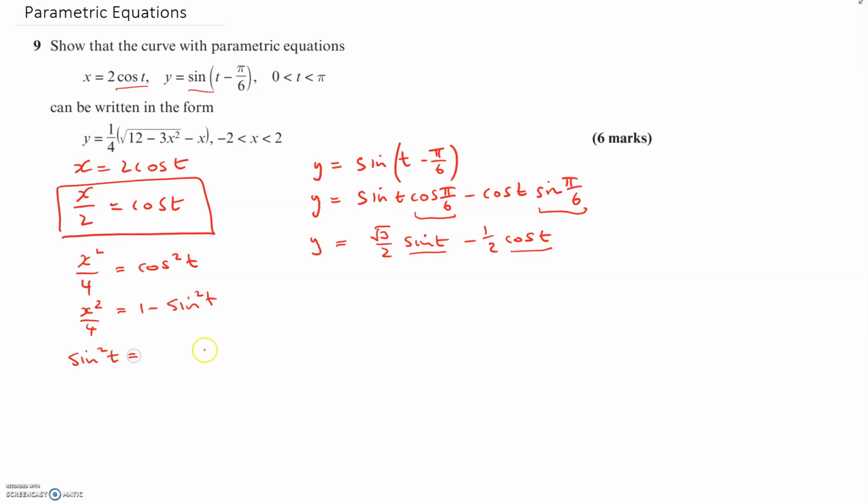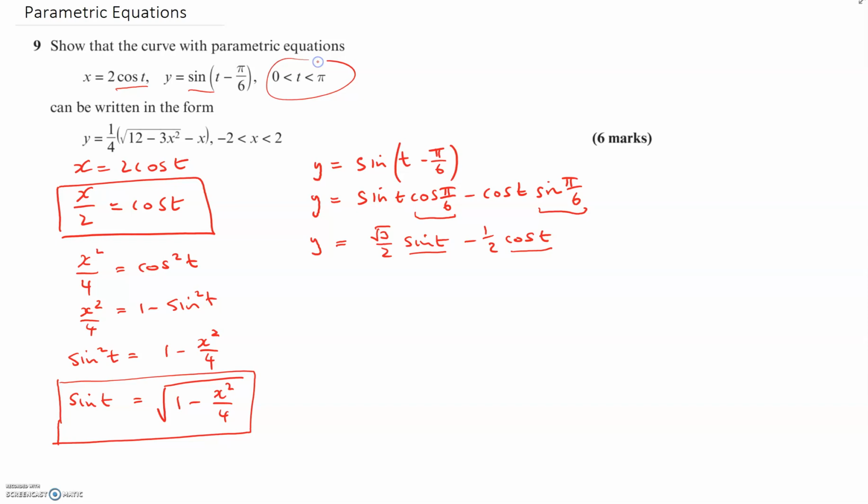So sine squared is going to be 1 minus x squared over 4, and sine t then is the square root of that. Now you may be thinking, well, isn't it plus or minus? Well, it would be, generally speaking. In this case, we're looking at a domain of 0 to pi, which means, what are the possible values that x could take?